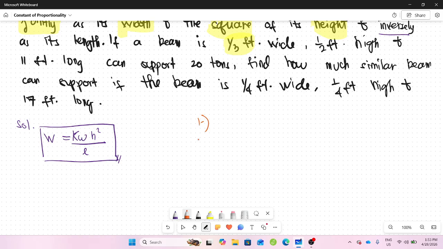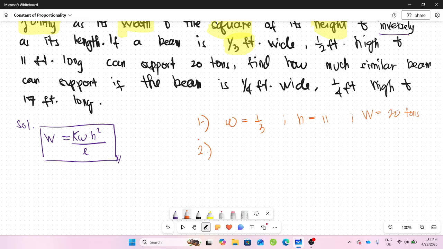It states here that if the width is 1/3, let's first forget about the units, and the height is 1/2 and it is 11 feet long, well, the weight that it can support is 20 tons.